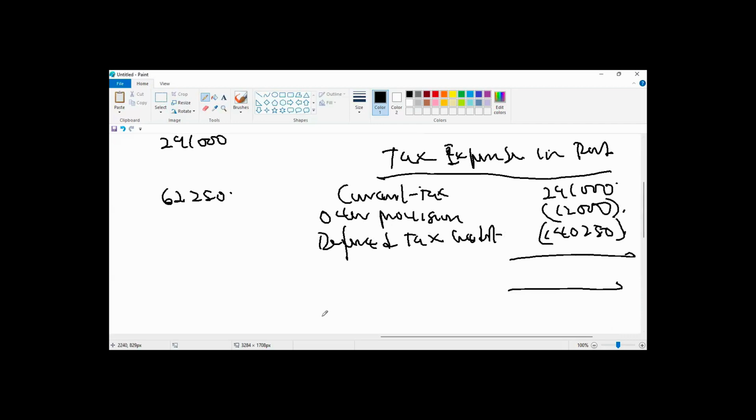Now I have assets, not liability, in the statement of financial position. Deferred tax assets.